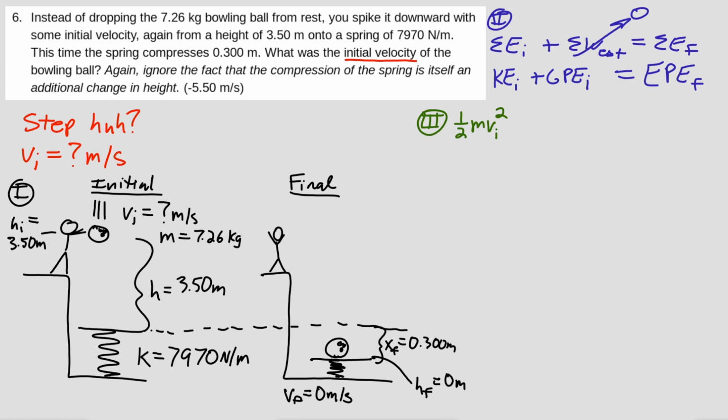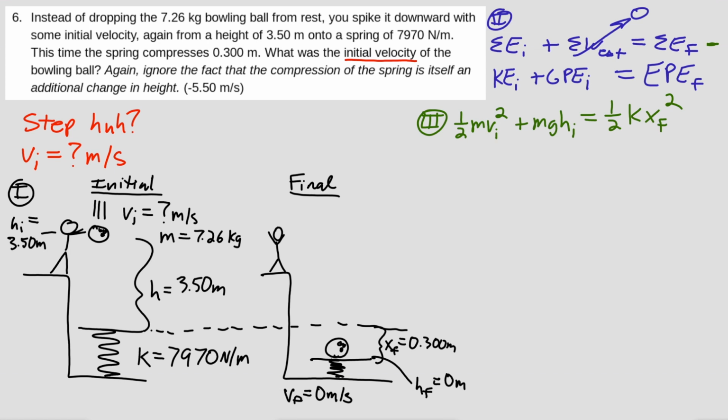So KE initial is 1/2 mv initial squared plus GPE, that's mgh. And it's GPE initial, so I should call it mgh initial. On the right side is equal to EPE final. EPE is 1/2 kx, let me call it kx final, squared.